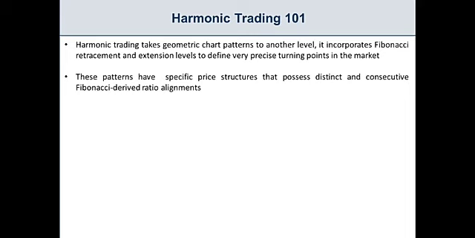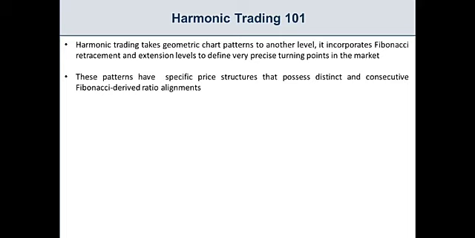These patterns have specific price structures that possess distinct and consecutive Fibonacci derived ratio alignments. As we said before, all these patterns are calculated with Fibonacci ratios, and when you are drawing the Fibonacci ratios on your charts, the waves of the pattern have to hit the specified Fibonacci ratios for the pattern to be complete.